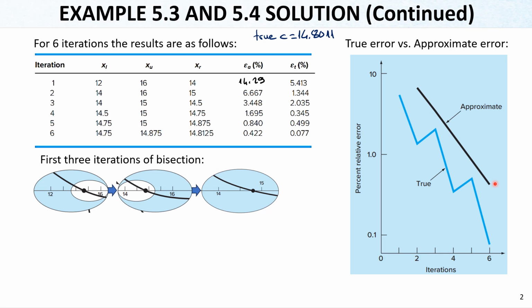So the true root can lie anywhere within the bracketing interval, and if the true and approximate errors are far apart, the interval happens to be centered on the true root, and that's why they are close when the true root falls at either end of the interval. Another behavior we see from this is that the approximate error can predict the general behavior of the true error, and it's always larger than the true error.